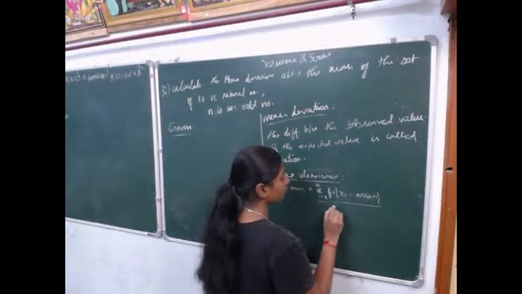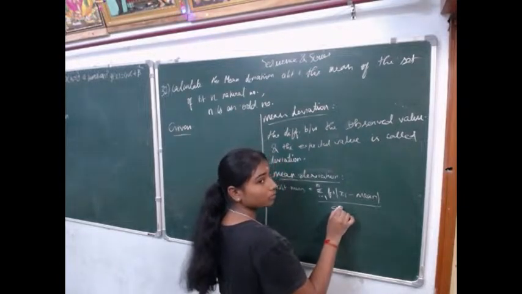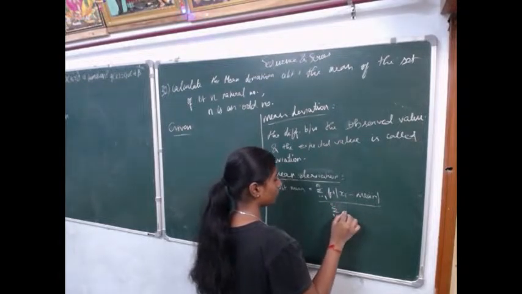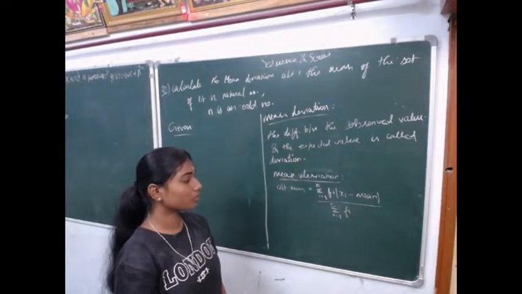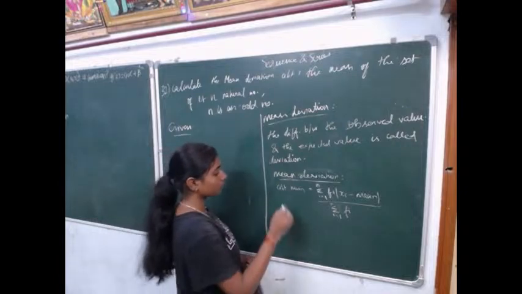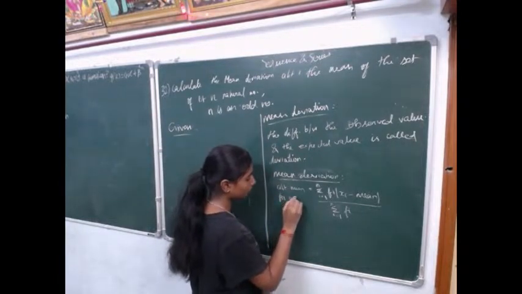the summation of i equal to 1 to n of fi. This is for grouped data. Okay, you can mention this as the mean deviation about mean for grouped data.